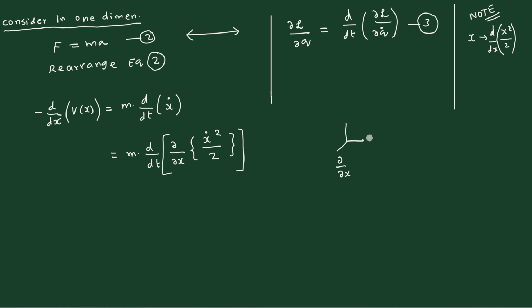Dou by dou x for the x direction, dou by dou y for the y direction, dou by dou z for the third direction. And you already know the reason for the partial. Partial means it is a contribution. The x-axis gives this much contribution, the y-axis gives this amount, and the z-axis gives that amount to the mechanical system. So each of these three gives their share.